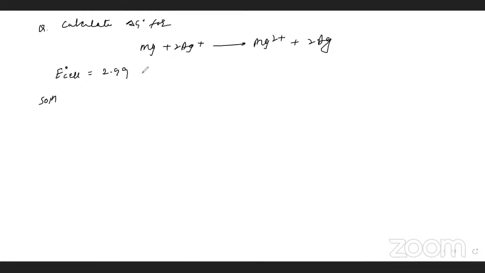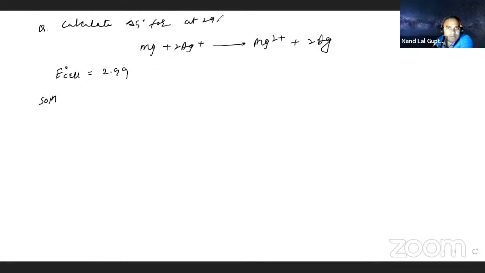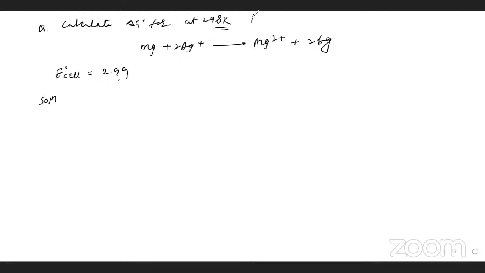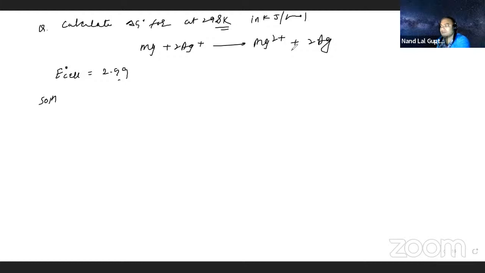Solve it at 298 K in kilojoule per mole. Okay, do it. E naught cell 2.99, find delta G naught. Number of electrons transferred, here n will be 2, no? Yes, 2.